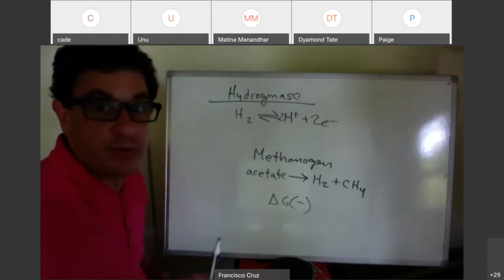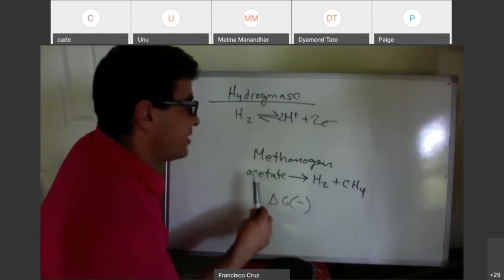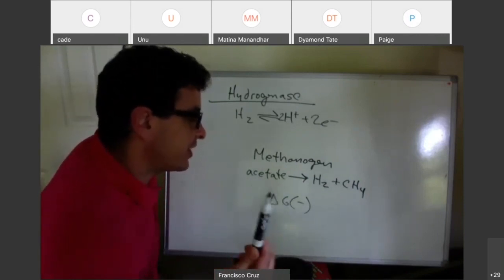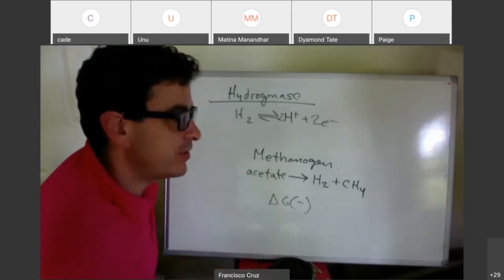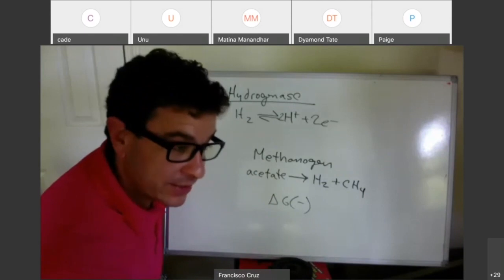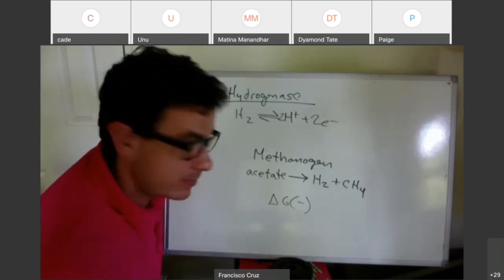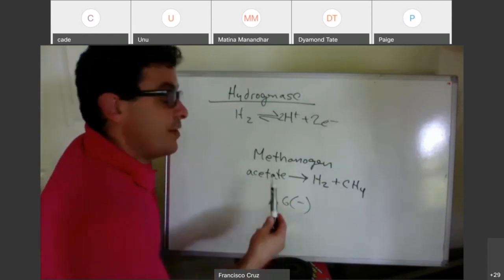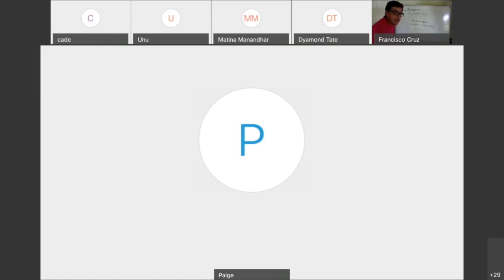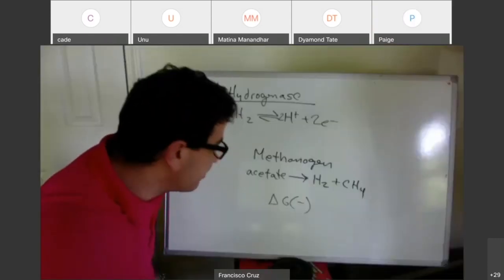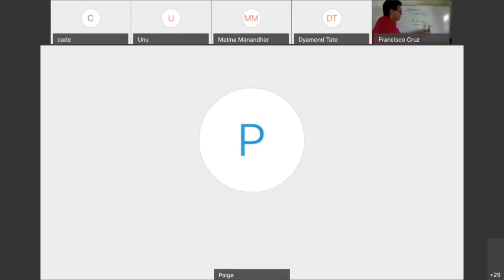H2 is produced, and so I think what you're trying to say is that if you look at that chart, H plus being an electron acceptor that produces H2 becomes a very bad electron acceptor. Correct? That's your basic dilemma. And that's a true statement. The methanogens can make it work, and so their delta G is negative.